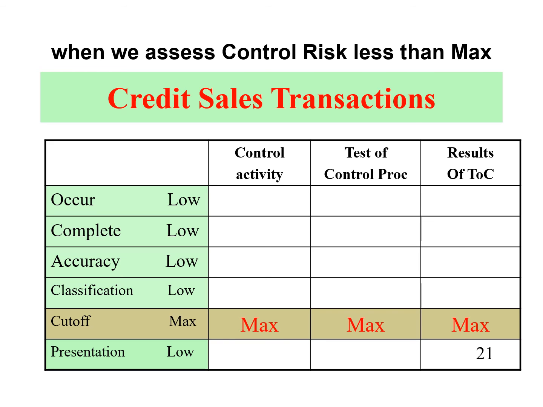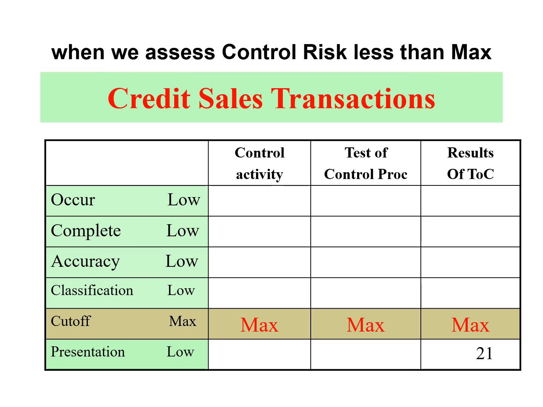They won't create an invoice unless there's a corresponding shipping document showing that they shipped goods to the customer. They won't create a shipping document unless there's a corresponding sales order showing that the customer ordered it with an authorized purchase order.